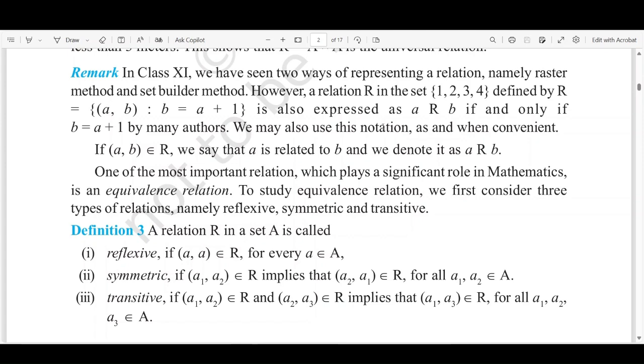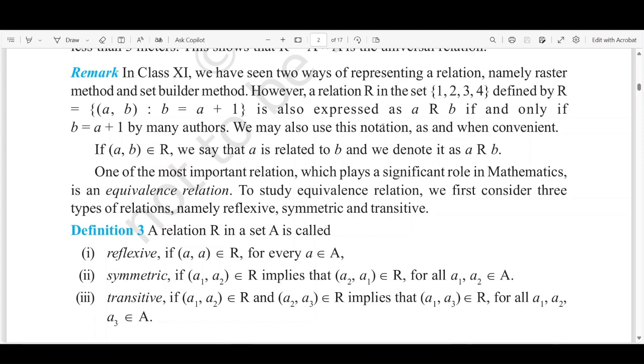That is, the ordered pair A comma A belongs to the relation R for every element A in capital A. If you consider two elements in the set A, namely A1 and A2, then if A1 is related to A2, this should imply A2 is related to A1. That is, if the ordered pair A1, A2 belongs to R, then A2, A1 should also belong to R.